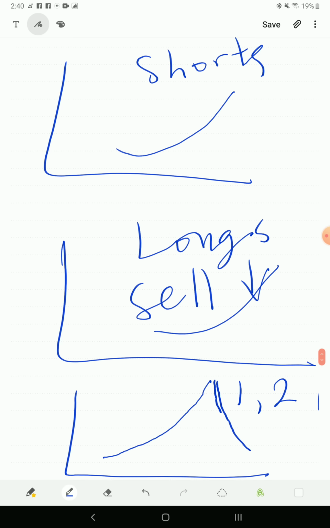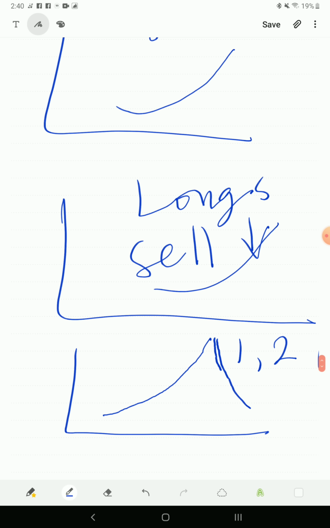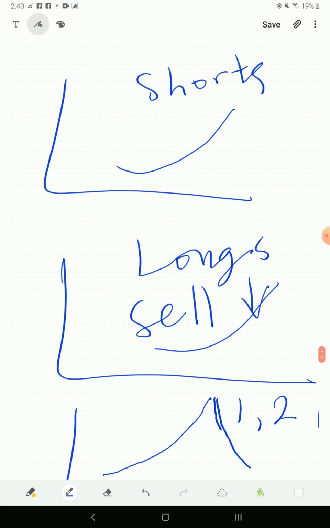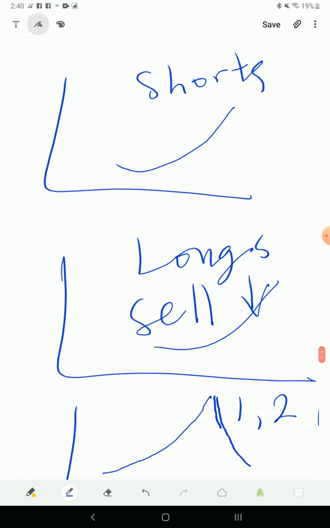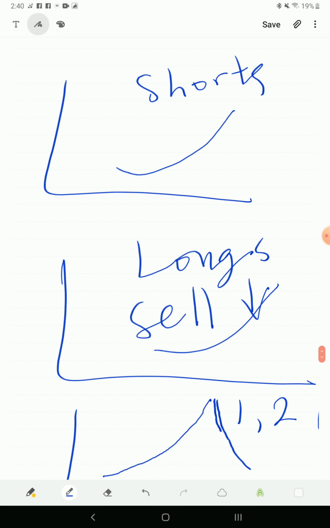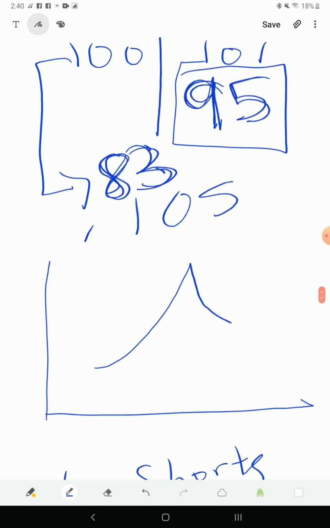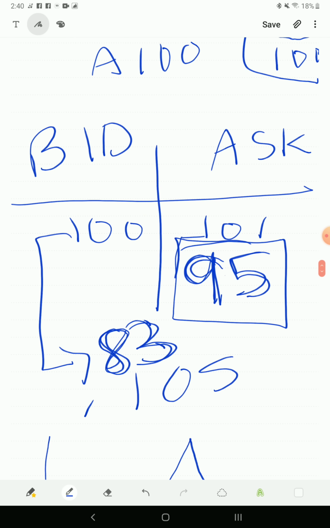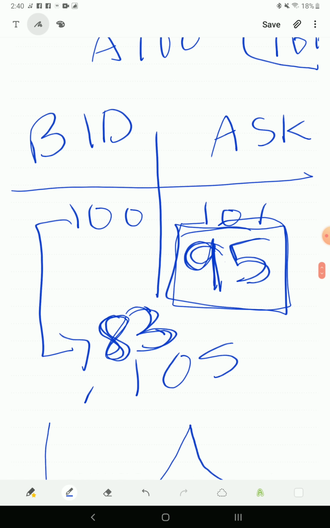And the cool thing about flash crashes is that when longs get liquidated, a lot of them have a stop loss, but it's not in the form of a limit order like the one I talked about. It's in the form of a market execution, okay?